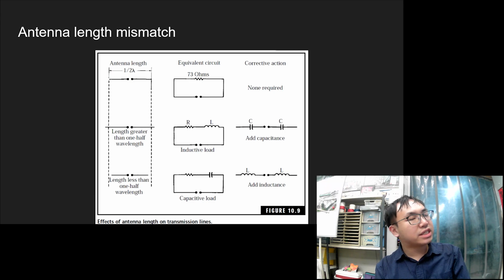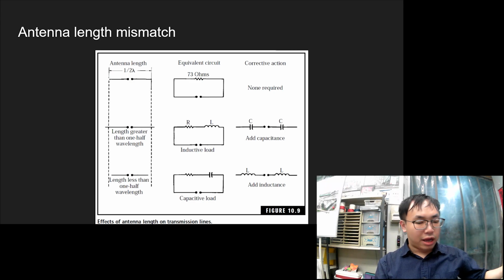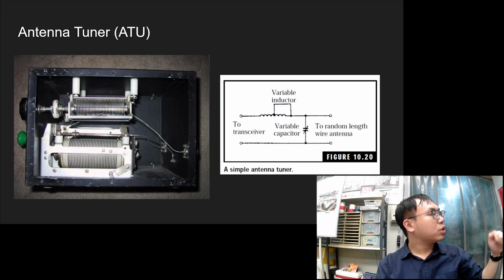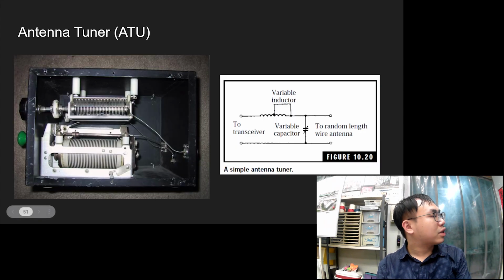And this concept is actually the antenna tuner unit. You see that this is an open structure. Actually, it has a variable inductor and variable capacitor.